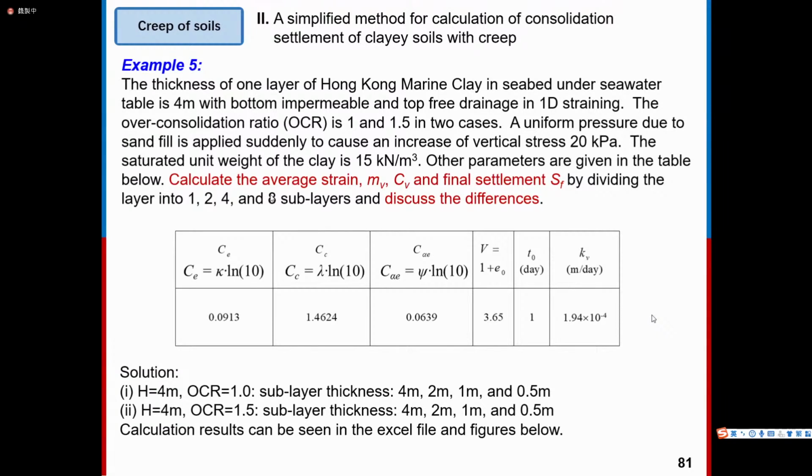Okay, let's see this question. The thickness of one layer of Hong Kong marine clay is 4 meters, with bottom impermeable and top free drainage in 1D straining. 1D straining actually just means 1D compression, 1D condition. The over consolidation ratio is 1 and 1.5. Okay, we have 2 cases actually.